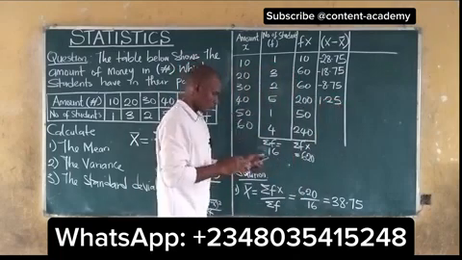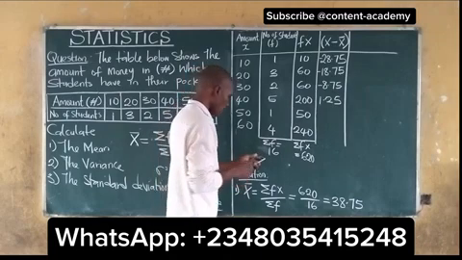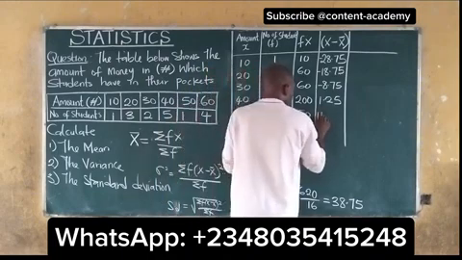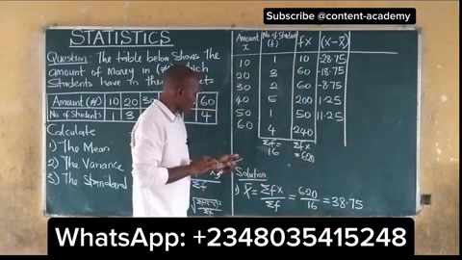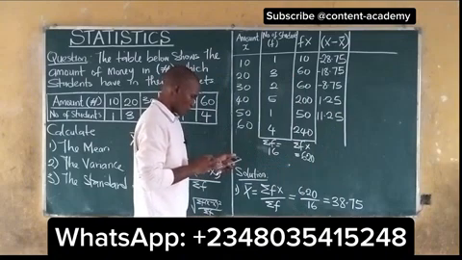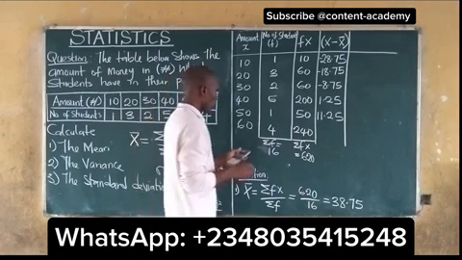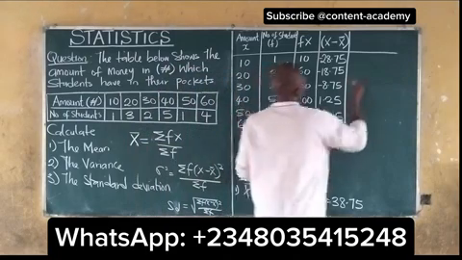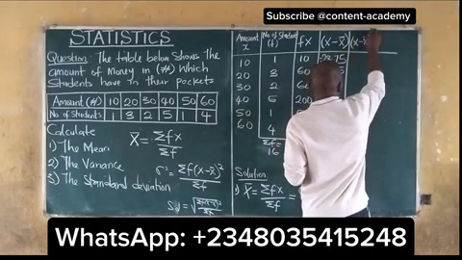Also, 50 minus 38.75 gives us 11.25. And 60 minus 38.75 gives us 21.25. Now we say x minus x bar squared.